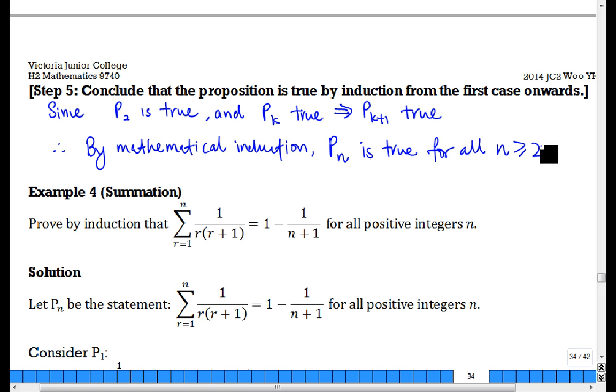It makes perfect sense, you know. It's just like the domino example. The first domino falls, and the k domino will cause the k plus 1 domino to fall, so every domino will fall.